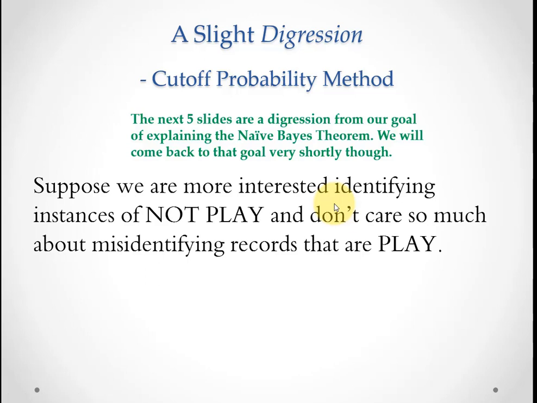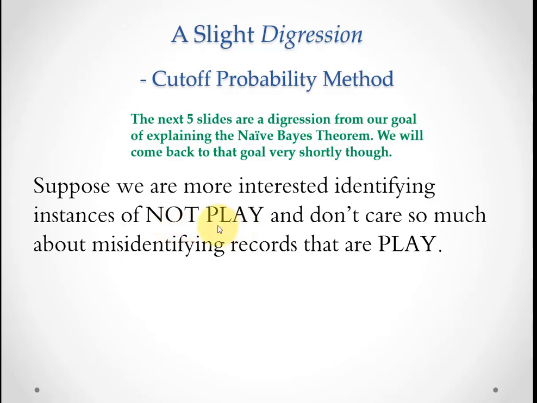So it may be the case that we are more interested in identifying instances of not play, and we don't care so much about misidentifying records that are play. So we just don't want to miss any instances of not play, and we don't really care if we miss instances of play. That is, we don't care as much if we call an instance of play not play as if we make the mistake of calling a not play instance a play instance.